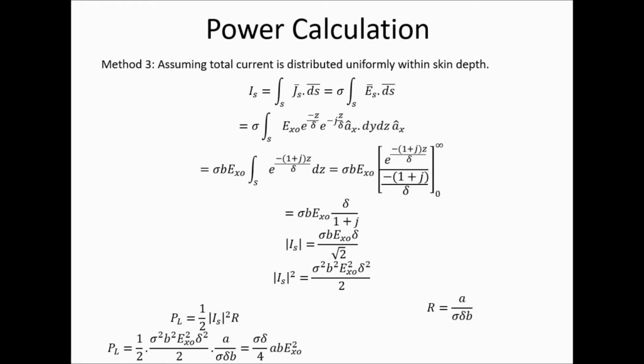The third method is finding the power using the I squared R formula. To find I squared R, we need to find the current first.